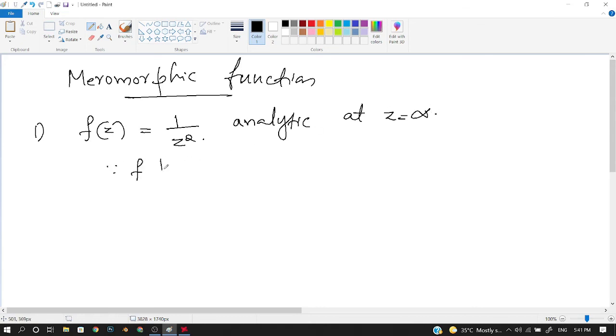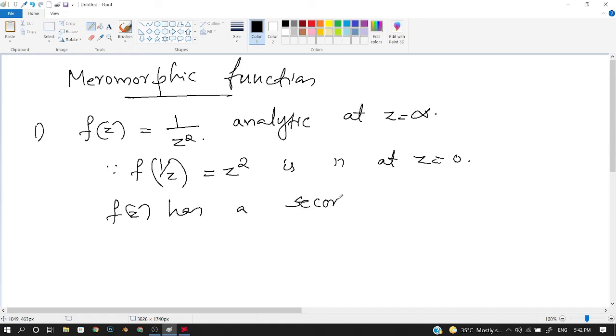Because f of 1 by z equal to z square is analytic at z equal to 0. f of z has a second order zero at z equal to infinity.